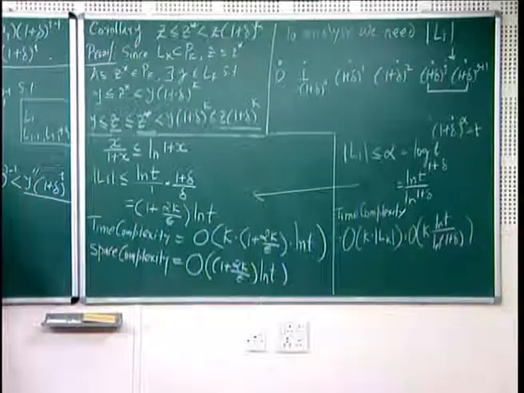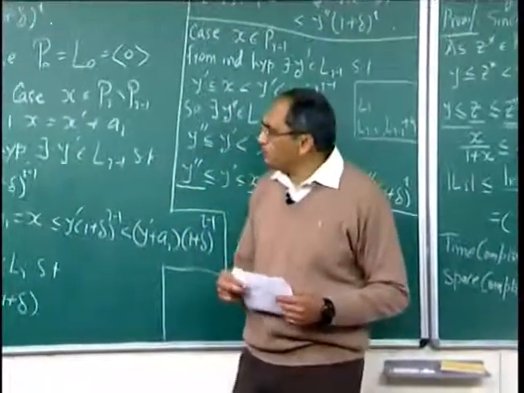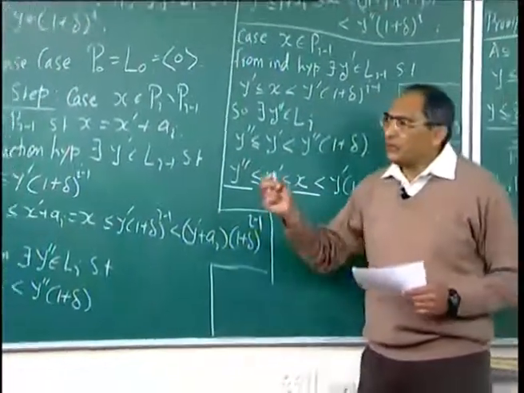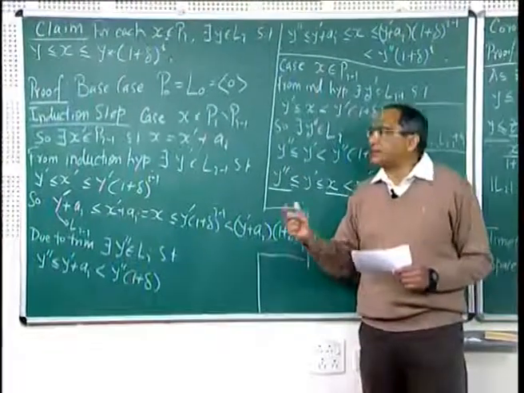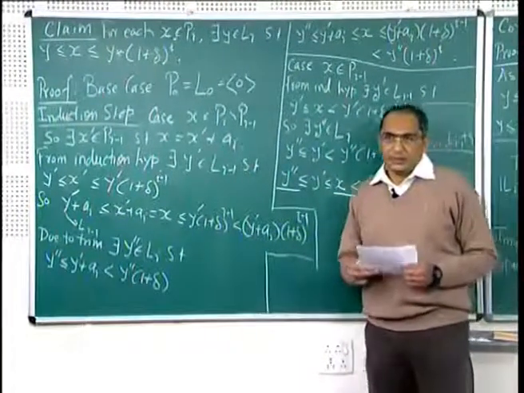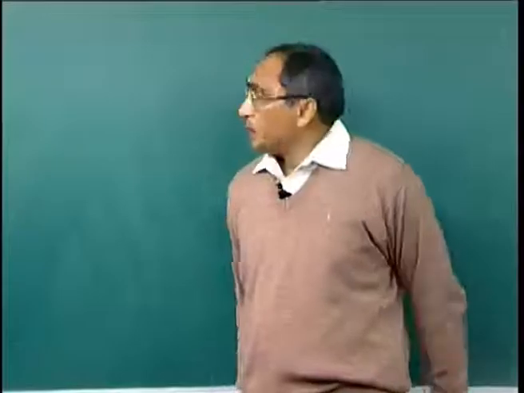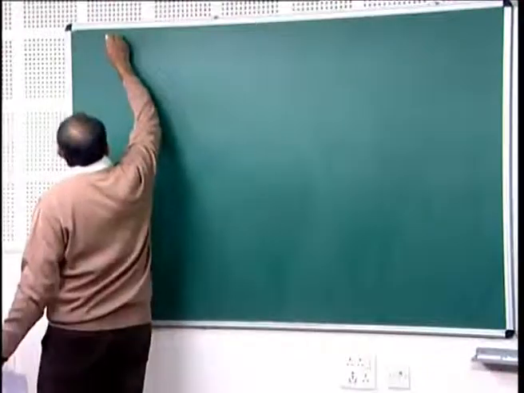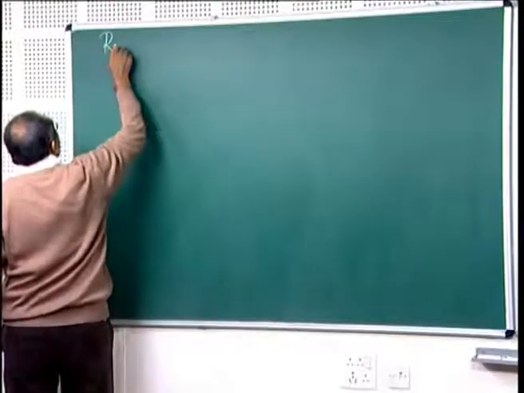Next, we want to give you a very small example of a randomized algorithm and its analysis. So, our next problem is a randomized approximation of 3 SAT.